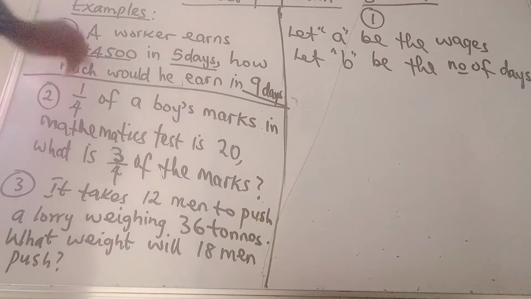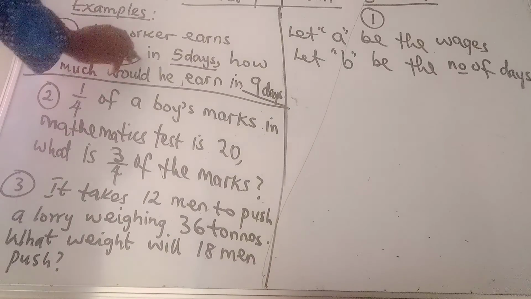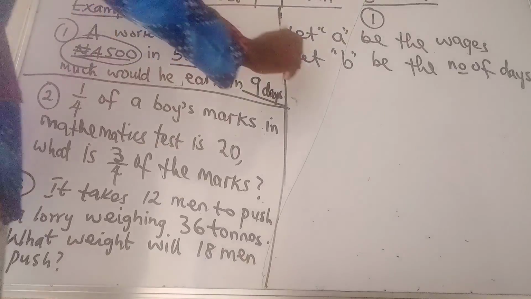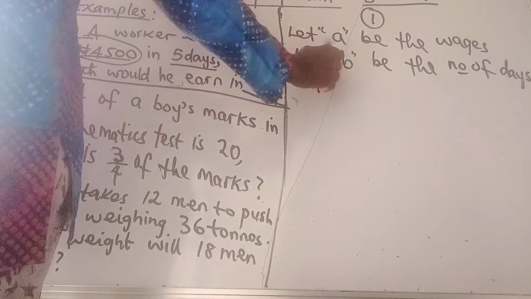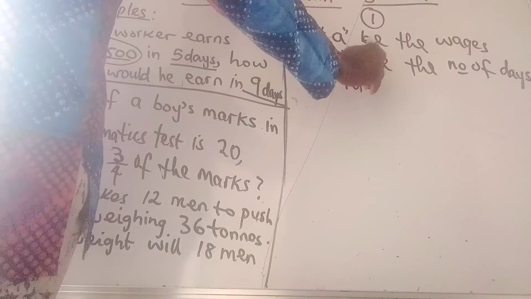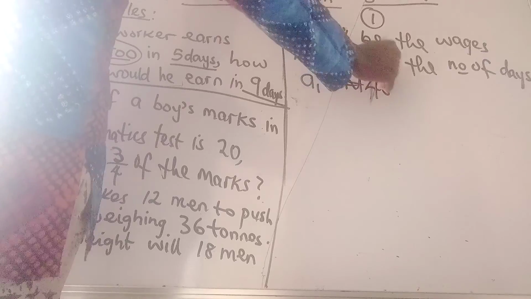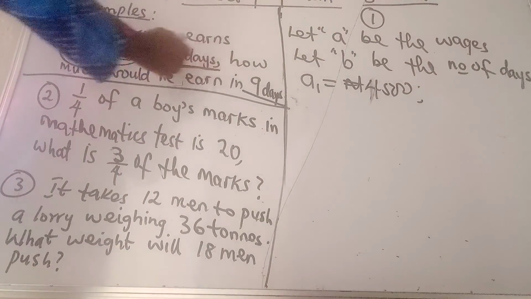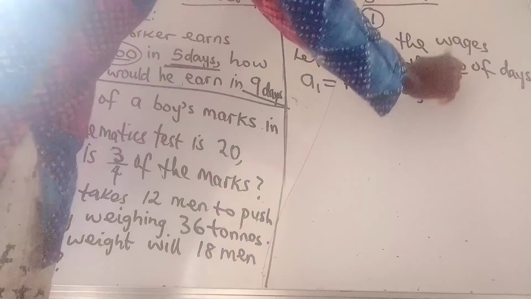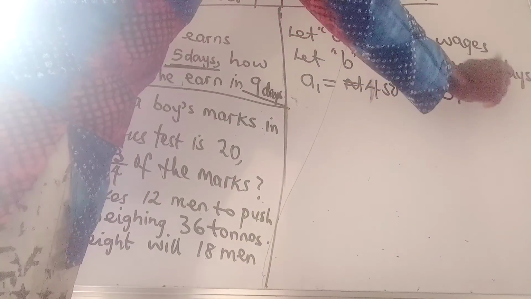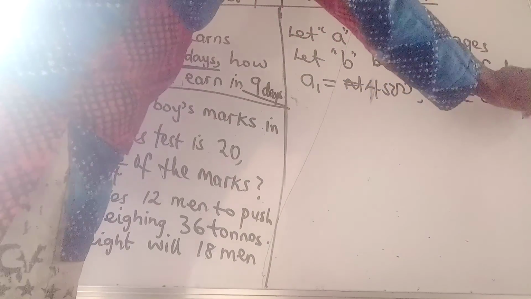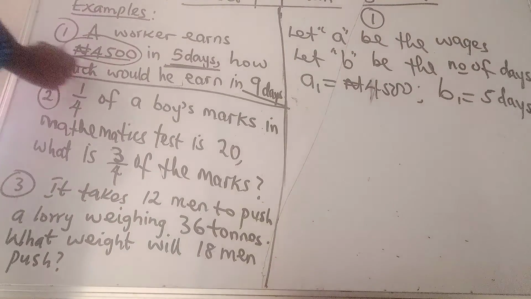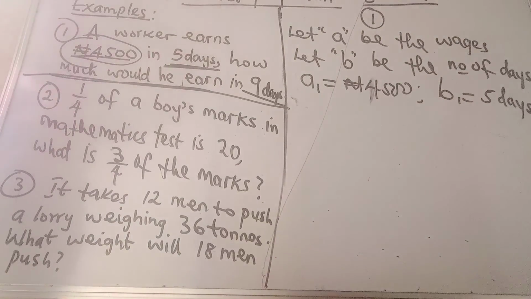Okay, so the first A given is 4,500 naira. That will be A1. And the first B given is 5 days. That will be B1. That's what I mean by initial. Now, how much would he earn? We are looking for another wage.